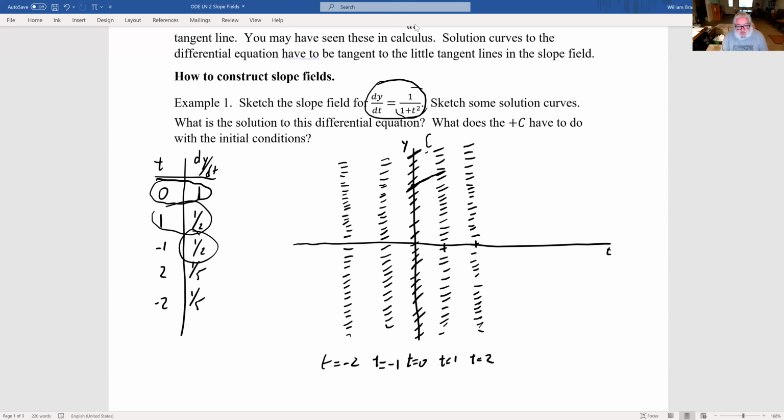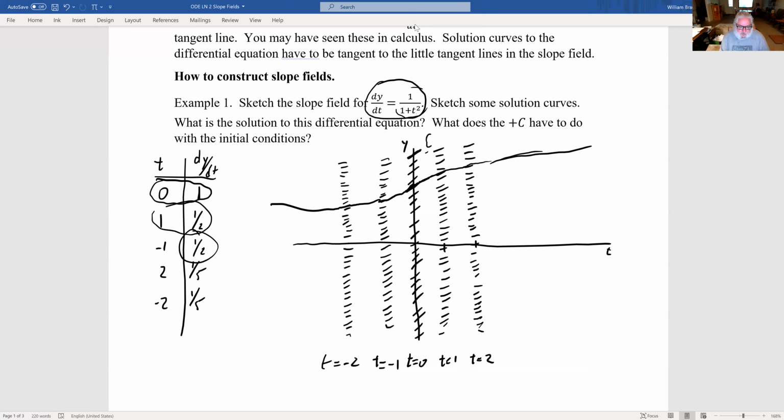And then it has to be tangent to that when it gets there, and when it gets out here, it has to be tangent to that, and it keeps getting flatter and flatter as you go out to the right. As you go out to the left, the function is still increasing because the derivatives are positive, but it's increasing more slowly. So it has to be tangent there. Then when we get out to t equals -2, it has to be even more flat. And so your solutions look like that.